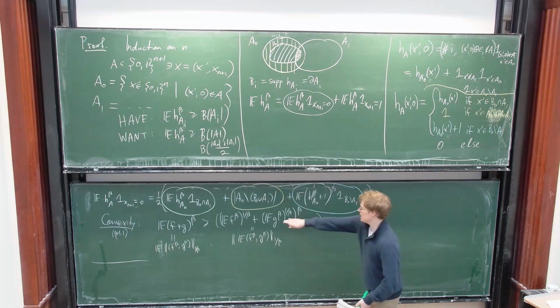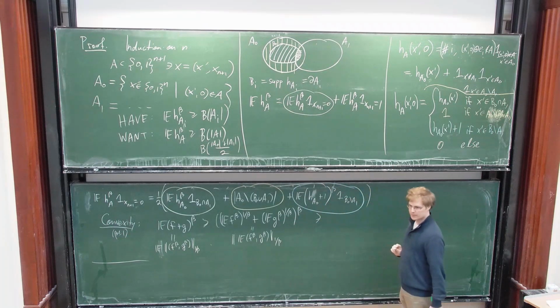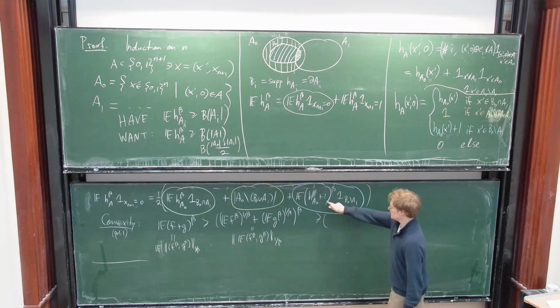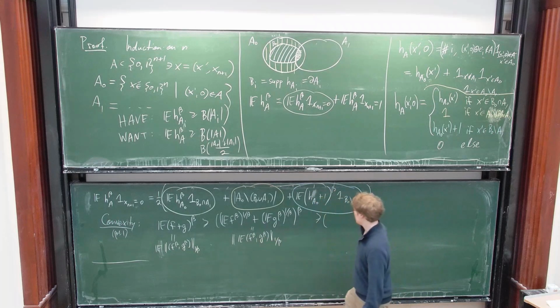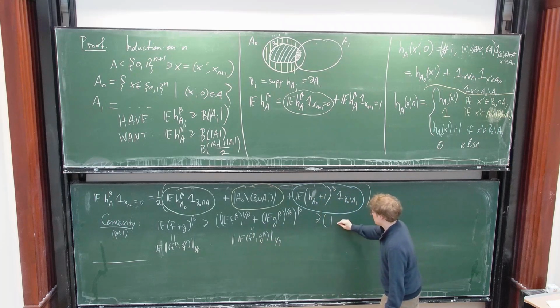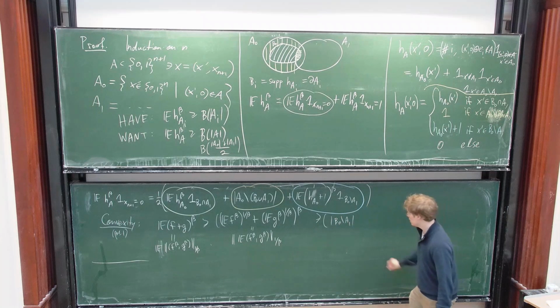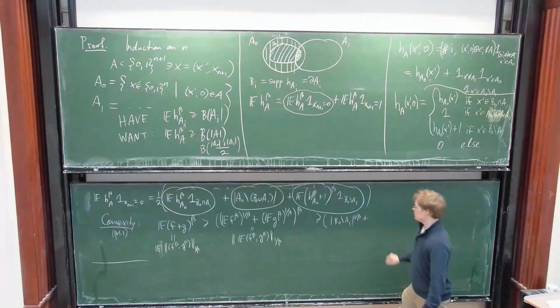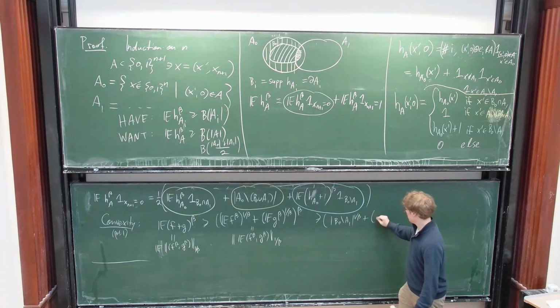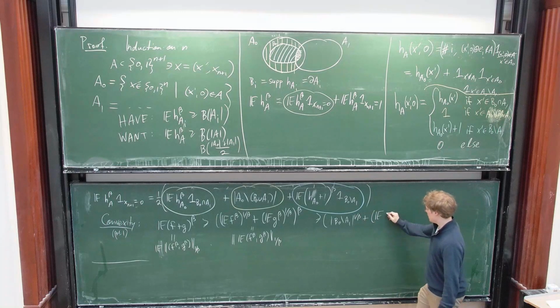So I want to apply this inequality to this term, right? So, okay, so one of these functions is 1, say f, and then I get simply the expectation of a constant, so it evaluates as volume, to the 1 over beta, plus the thing that I'm left with, and it is expectation of HA0 to the beta.